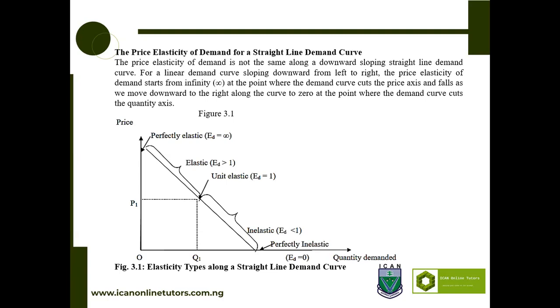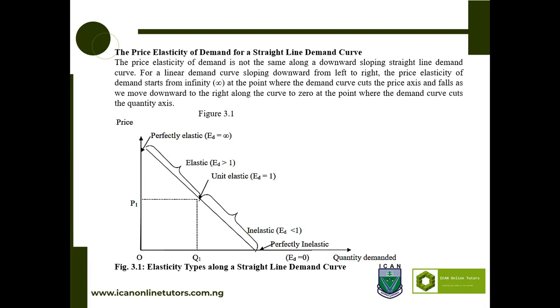So for a linear demand curve sloping downward from left to right, the price elasticity of demand starts from infinity, indicated with the infinity sign, at the point where the demand curve cuts the price axis, and falls as we move downward to the right along the curve to zero. And this is shown in the figure below.